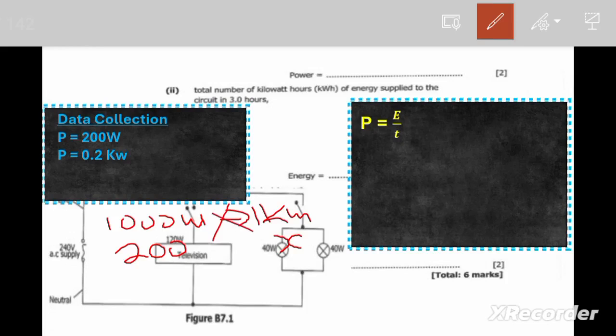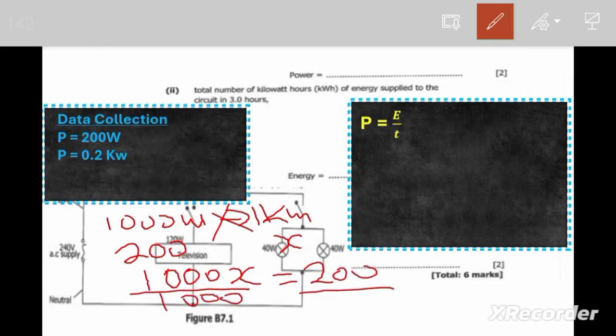We do a cross multiplication. 1000 times x gives 1000x, which is equal to 200. Divide both sides by 1000.